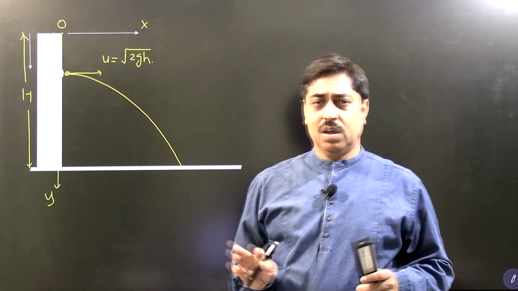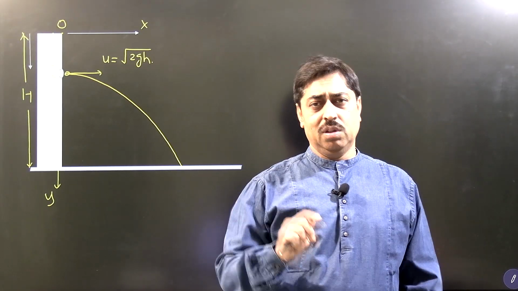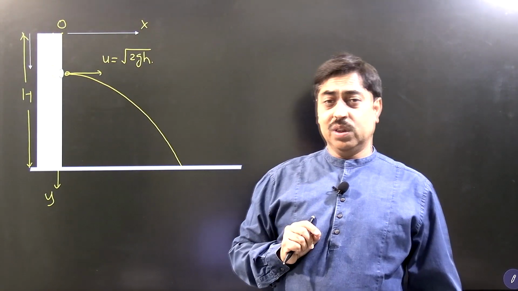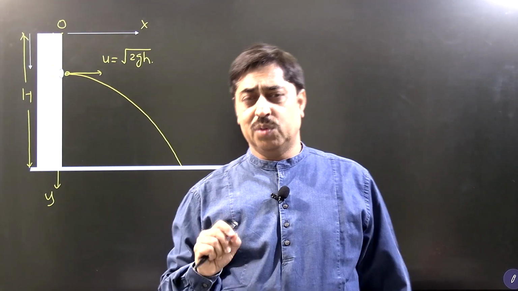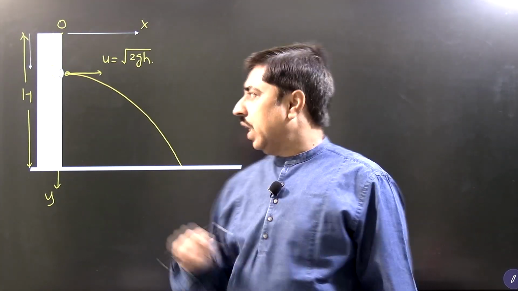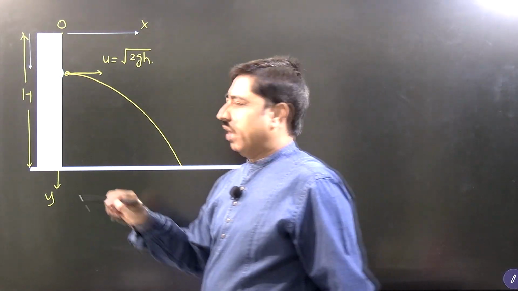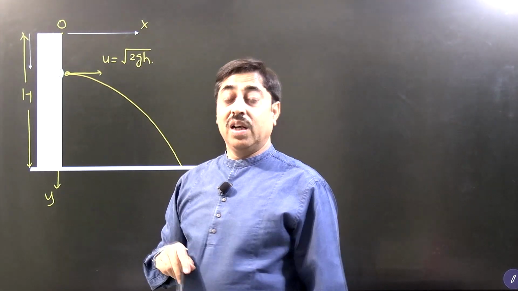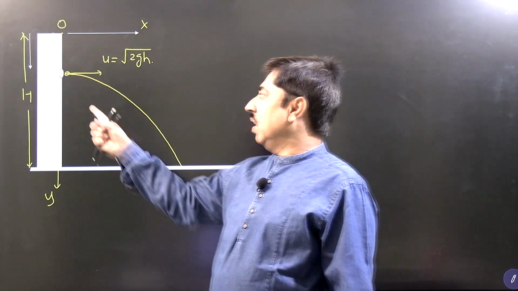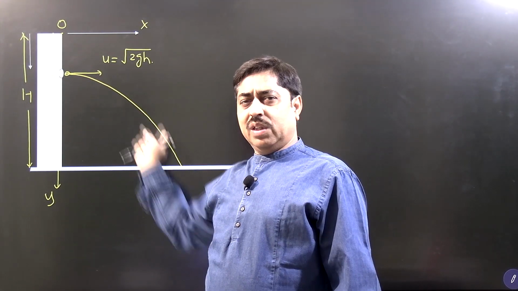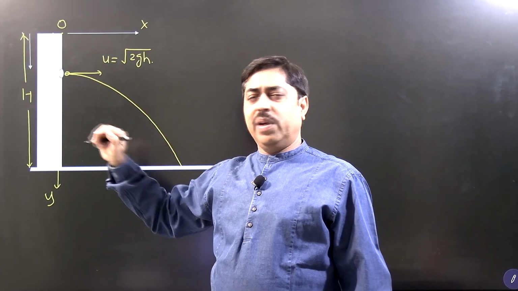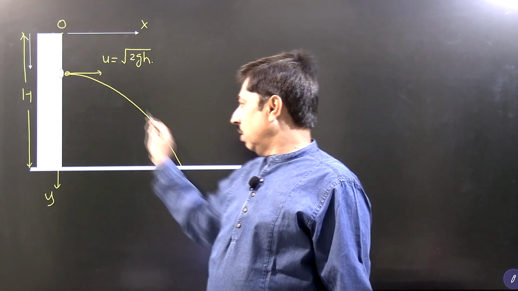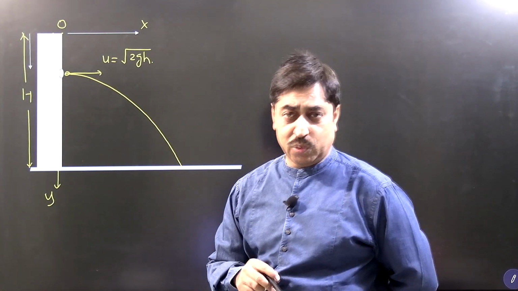A simple understanding of projectile motion tells you that yes, these water particles are going to follow this trajectory, which will be parabolic. In our coordinate system, where we have taken this as origin, this as x-axis and this as y-axis, let us write the path equation or the trajectory equation of any one water particle which is being emanated from this hole and is following a parabolic path.